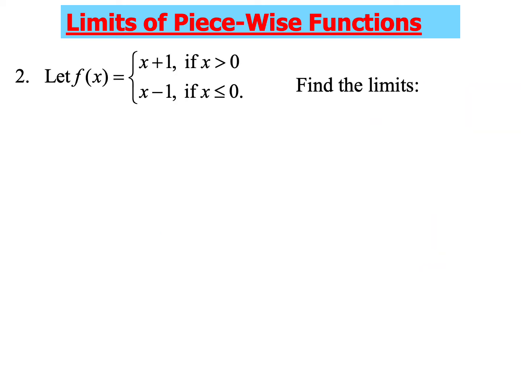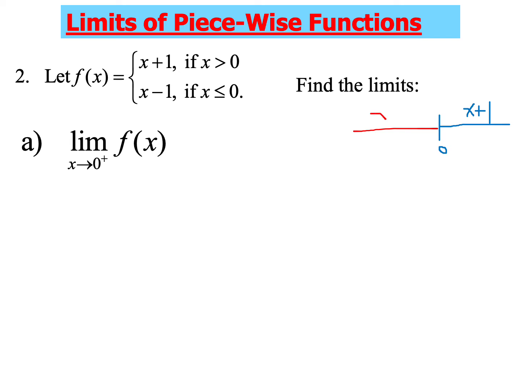I want to find the limit when x goes to 0 from the right. Here the function is defined as x plus 1 when x is bigger than 0, and less than 0, the function is x minus 1. That means I have two sub-functions, and each function works on a different domain.